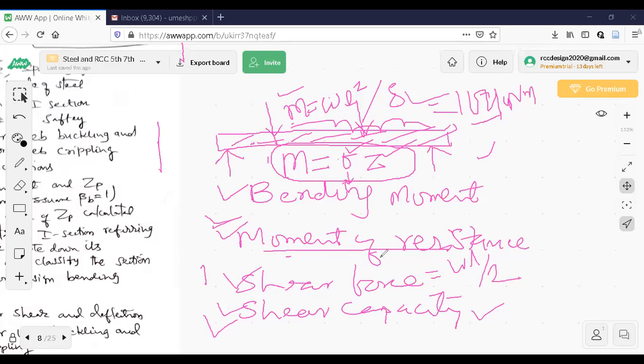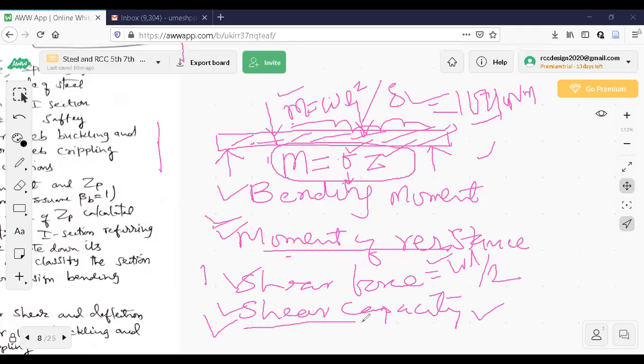Similarly, I can calculate by any analysis method. If it is a portal frame or a multi-story frame, I can use methods like moment distribution method, Kani's method, and find out the shear force values. So shear force depends upon the type of load and boundary conditions.